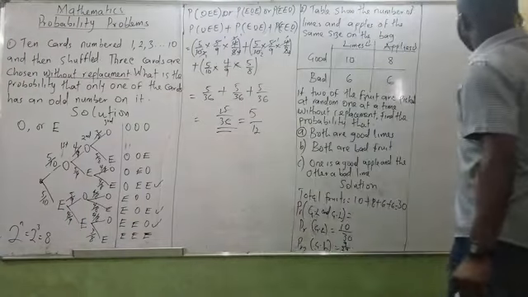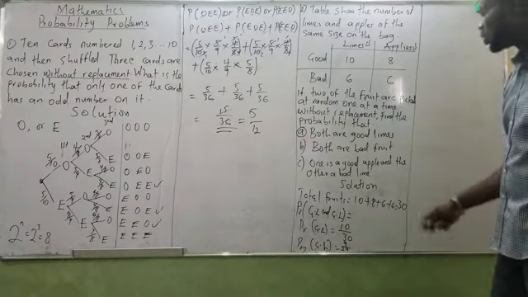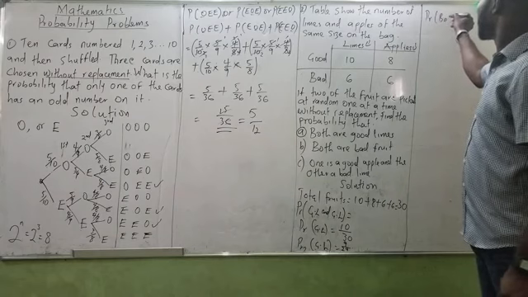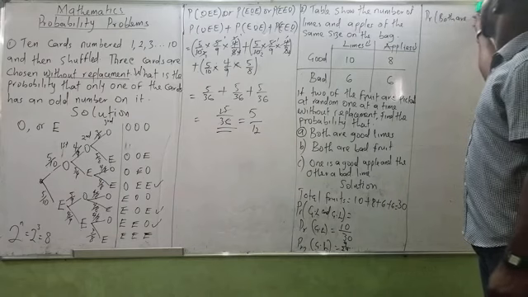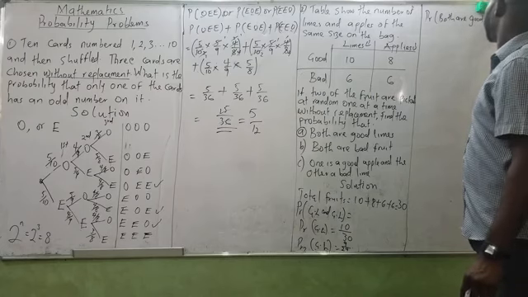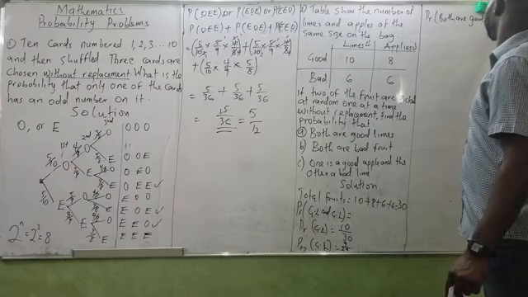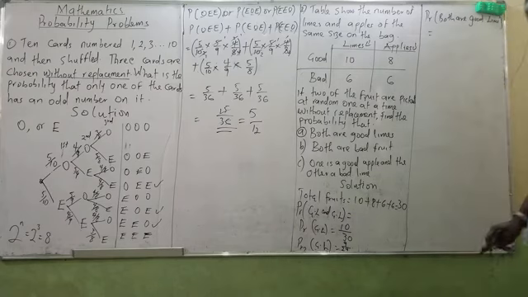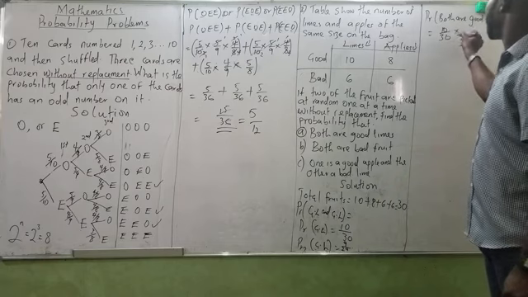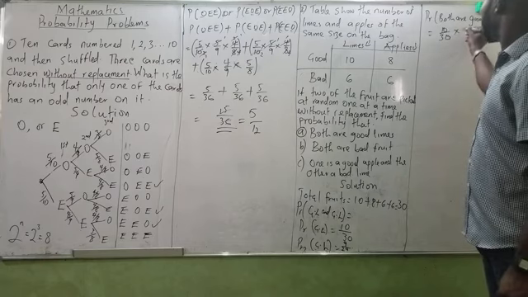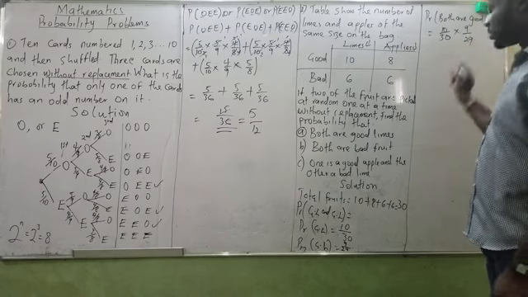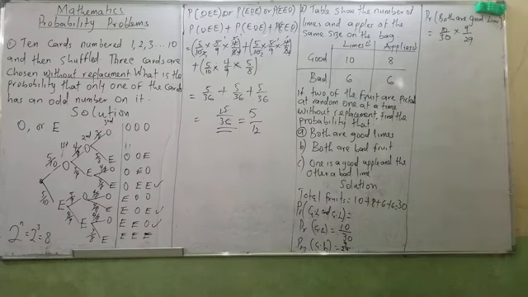It means the probability that both are good line will be 10 all over 30 multiplied by 9 all over 29. That is all we need to do there.